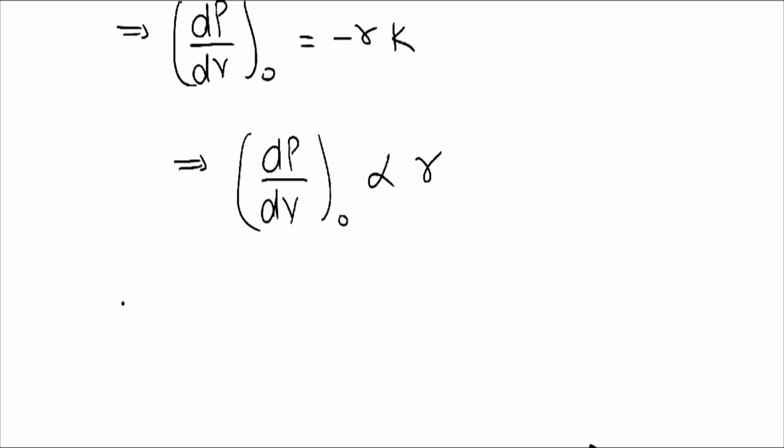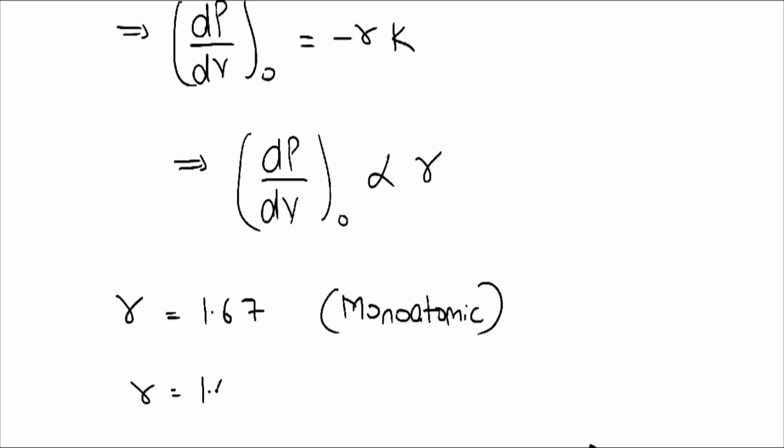Now gamma is equal to 1.67 for monoatomic gas, and it is equal to 1.4 for diatomic.